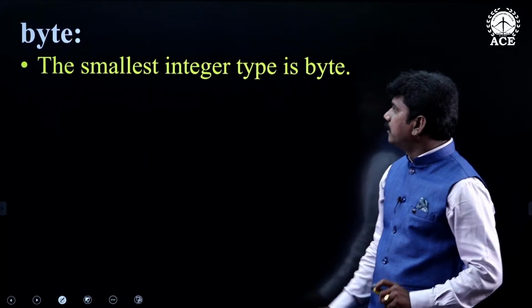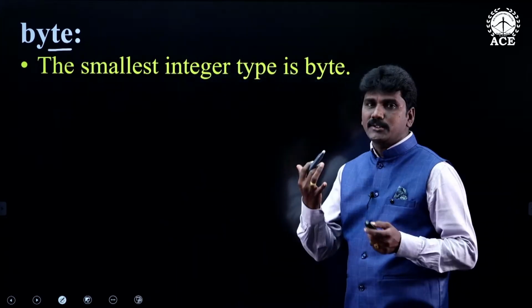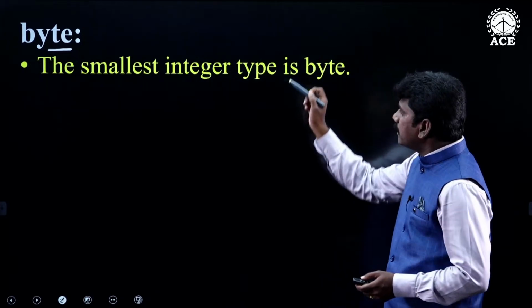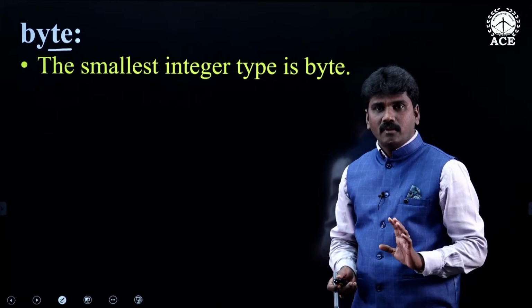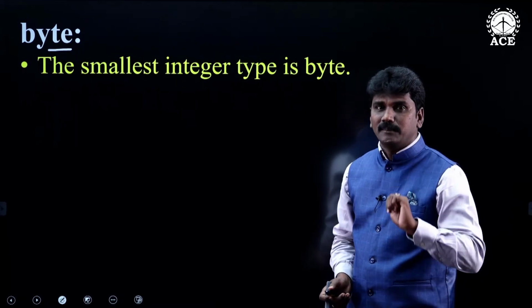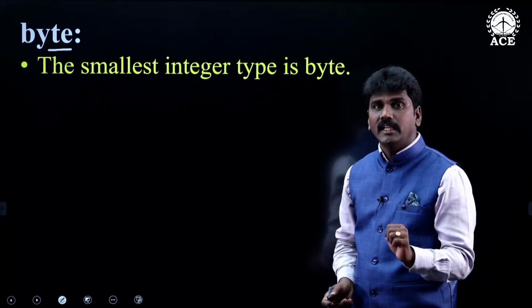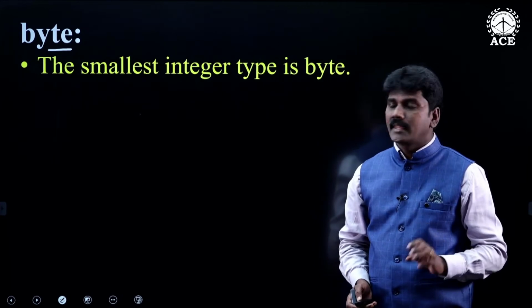What is this byte? The name itself is byte, meaning how much size it is going to contain. Under the integer group we have 4 data types, and the first one is byte. It is the smallest data type in Java, right?